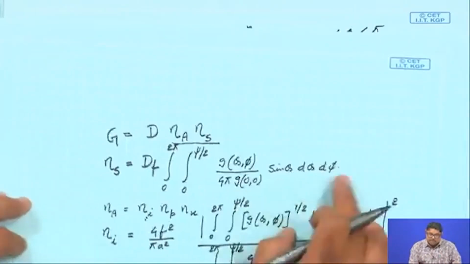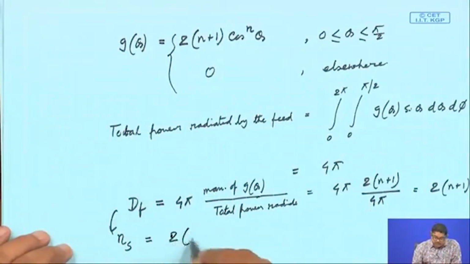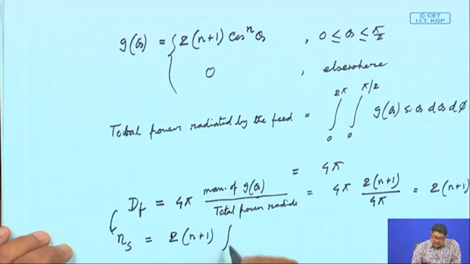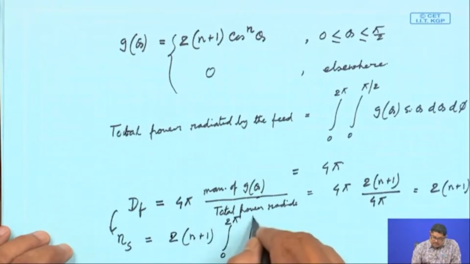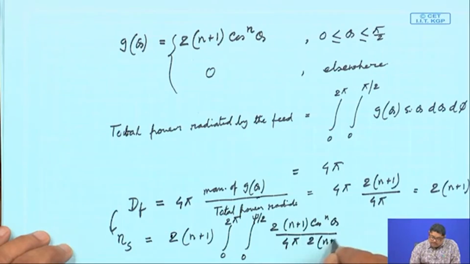So, you can put it: 2 n plus 1, integral 0 to 2 pi, 0 to psi by 2, of 2 n plus 1 cos n theta by 4 pi, into sin theta d theta d phi.